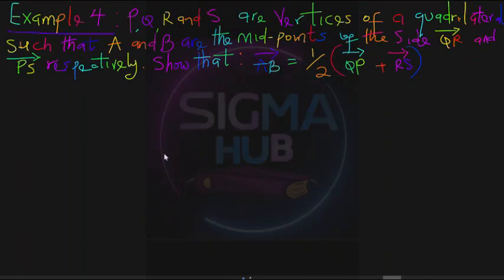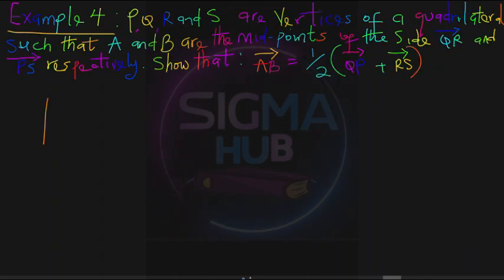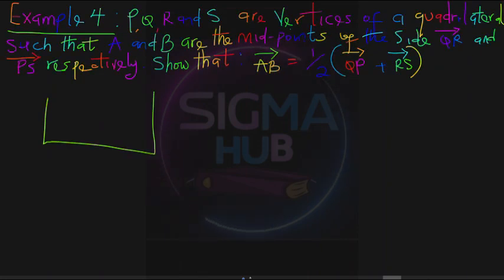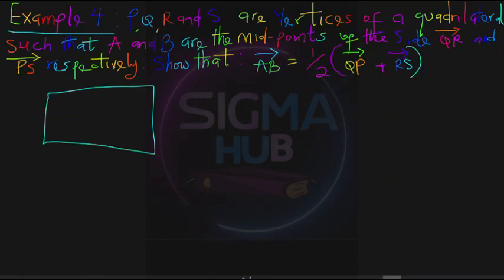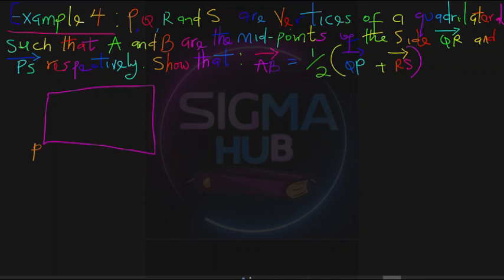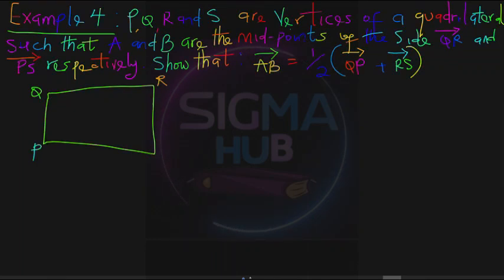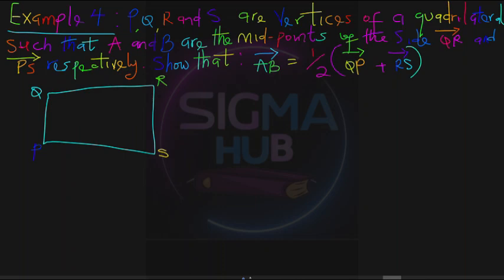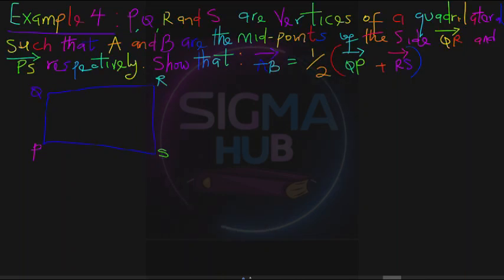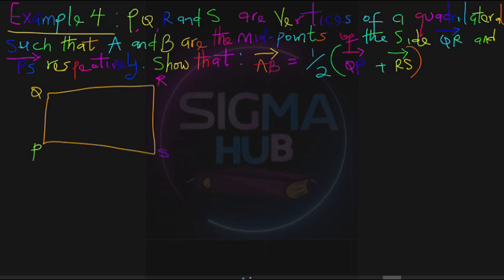Let me just sketch it like this. So I have P, then I have Q, then I have R, then I have S. Now, A and B are midpoints of the sides QR and PS.